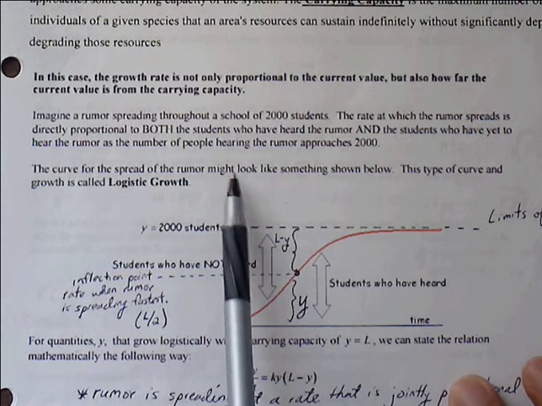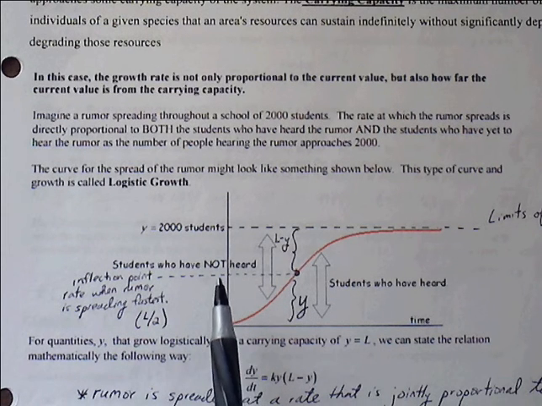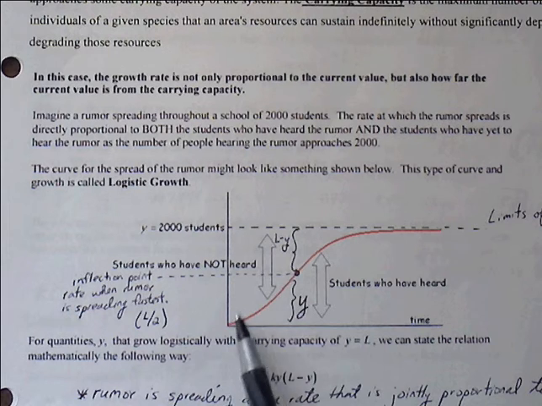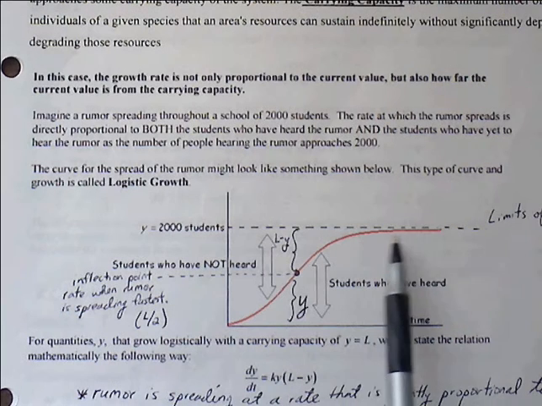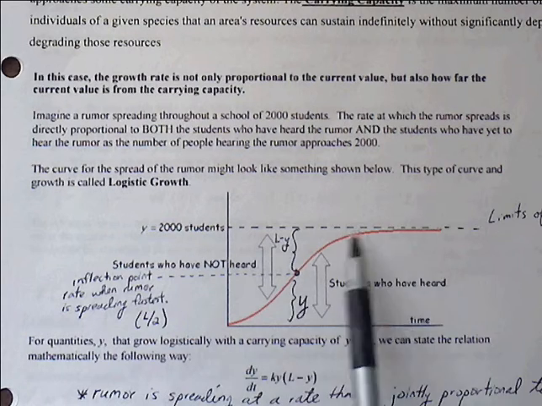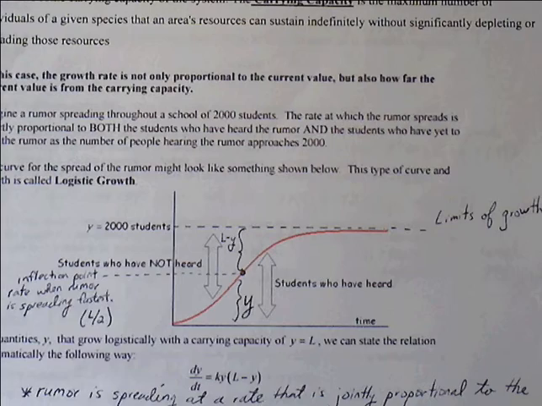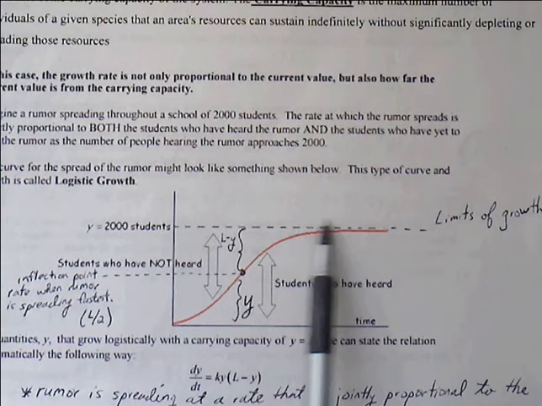Okay, the curve for the spread of the rumor might look something like what's shown below. This type of curve is called logistic growth. So follow the red curve, and this is what we're going to be expecting when we see a logistic growth curve. So 2,000 students, this is the limit of the growth.